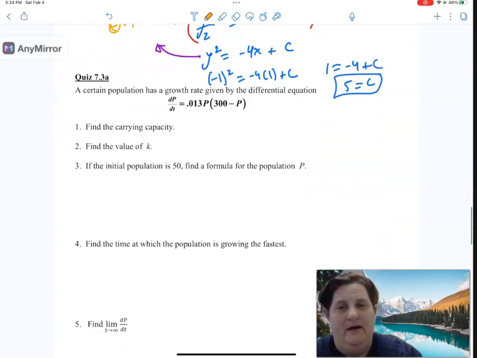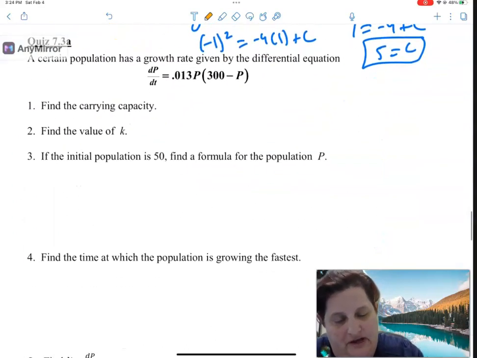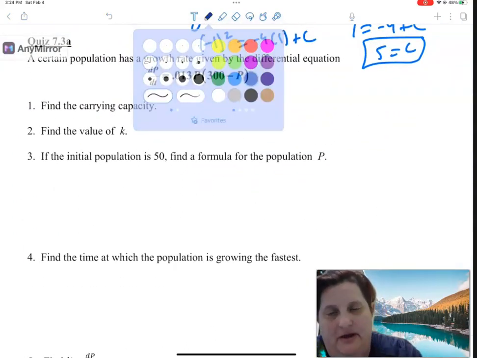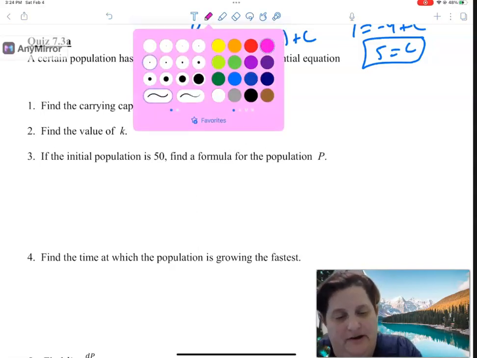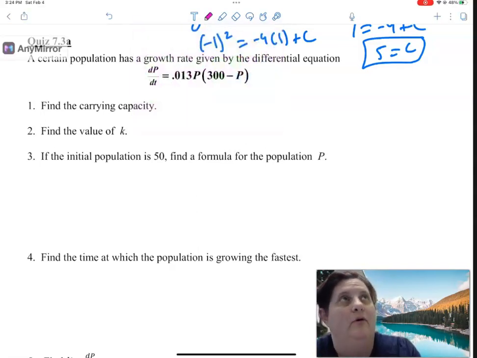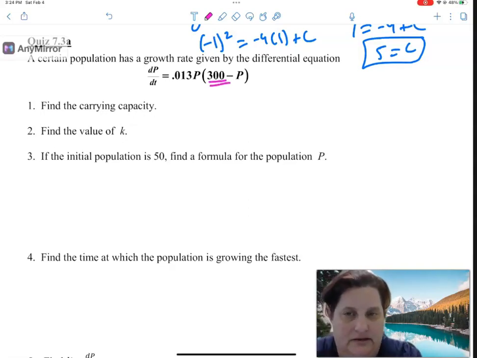Okay, cool. Shoot, this formula we saw a bunch on quiz 7-3. I will, as usual, probably not make you memorize that formula for the test, but you'll have to for the AP test, right? The carrying capacity is like that number right there. That's like the maximum.